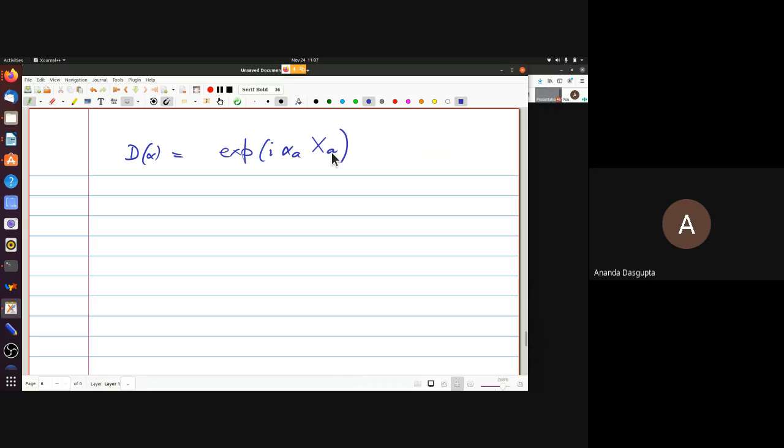The reason why you can always do that is because of this one parameter subgroup which exists, and because of the fact that you can always reparameterize that. So I will just quickly recount for you the reason why.